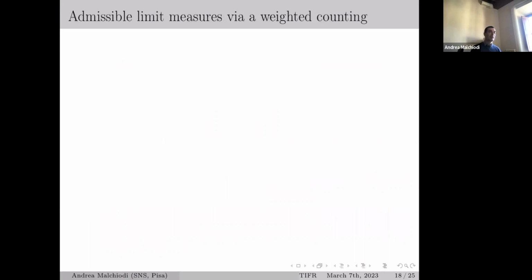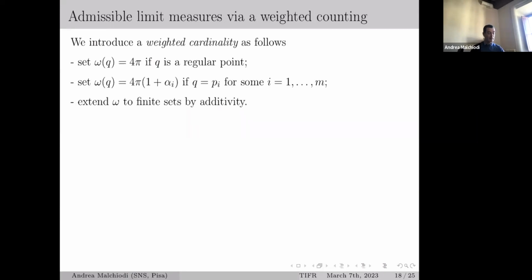Okay, so let me try to describe this concentration phenomenon. So I introduce a weighted cardinality on regular and singular points, depending on their character. Okay, so I weight 4 pi regular points.